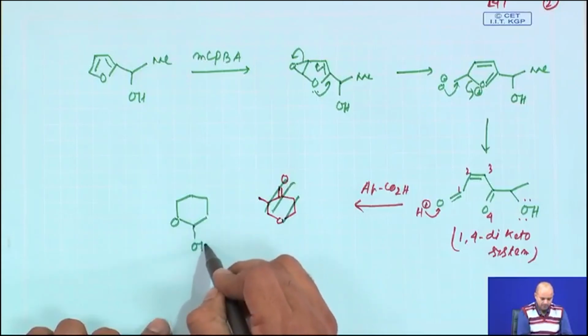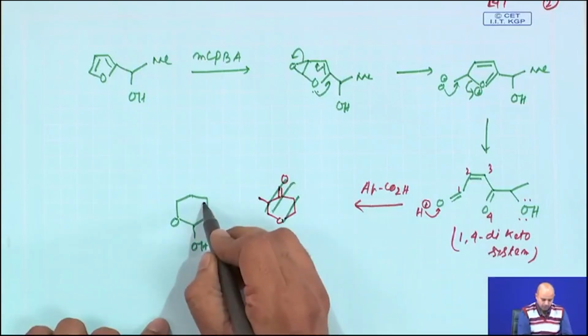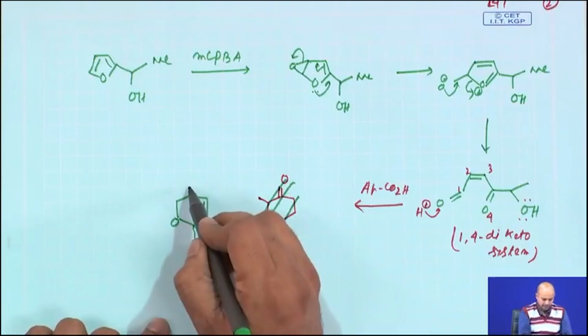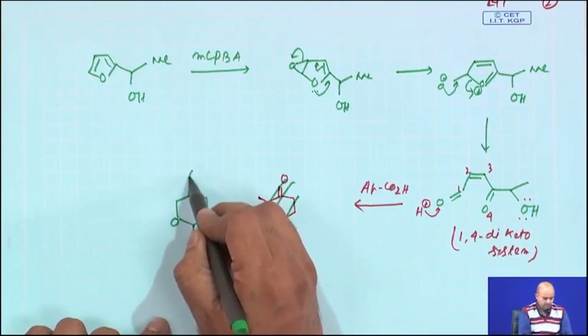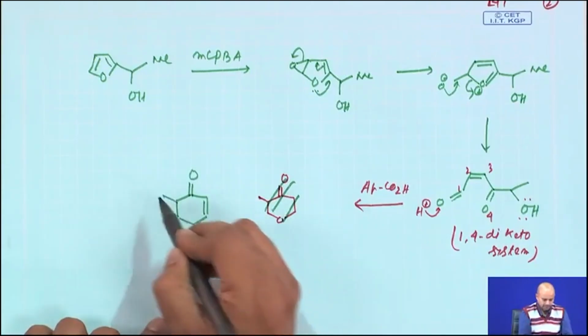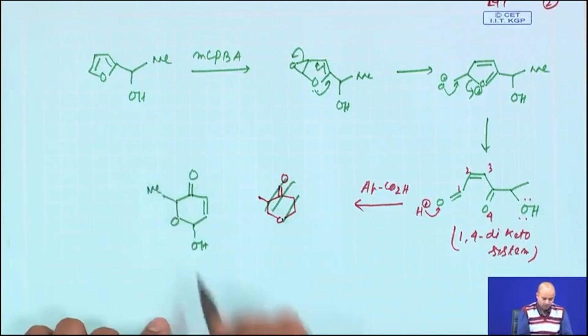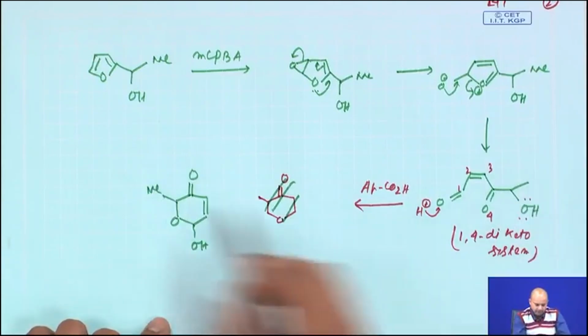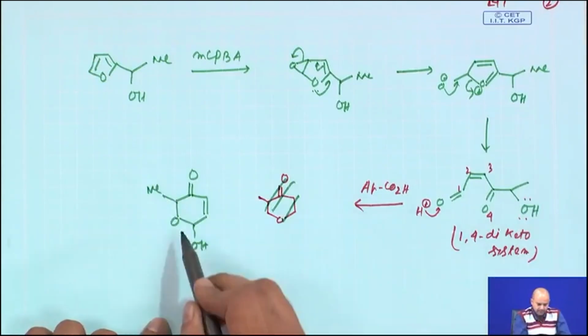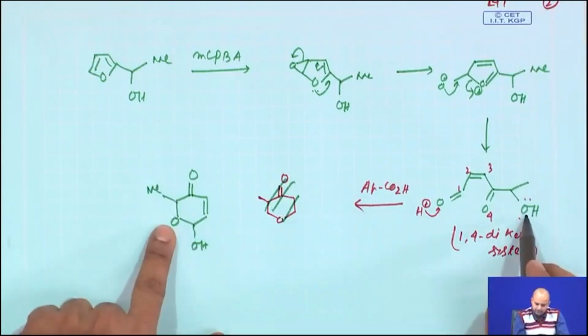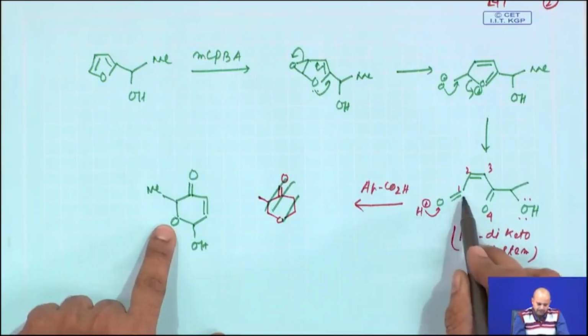You have this OH, this double bond 2, 3 is there, and then you are having this ketone and this methyl. So, basically this methyl is this methyl, this OH is this oxygen, this reacts here.